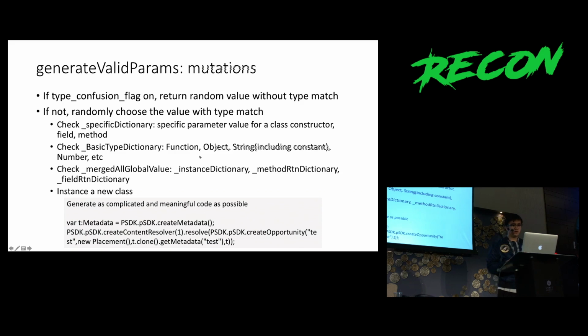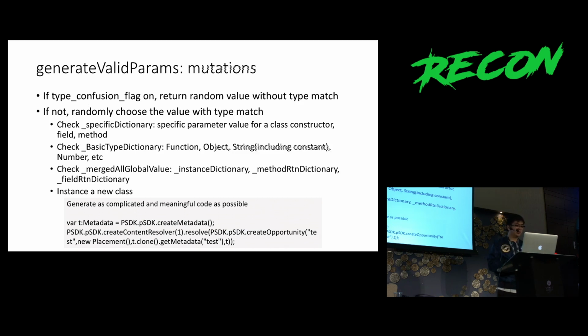The second important part in generating valid parameters is mutations. We use this strategy to get the right parameter for the constructor, set field, and set method. If the type confusion flag is on, we return a random value without type match. If not, we randomly choose a value with type match.